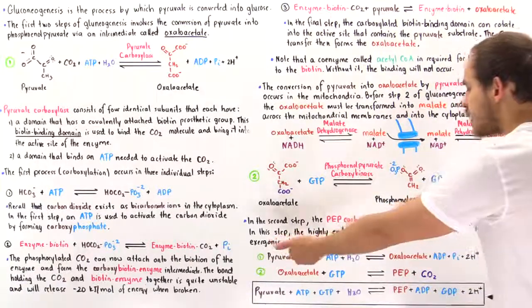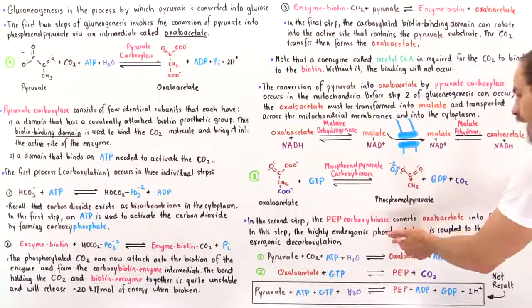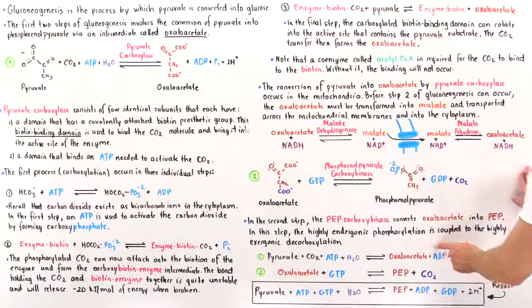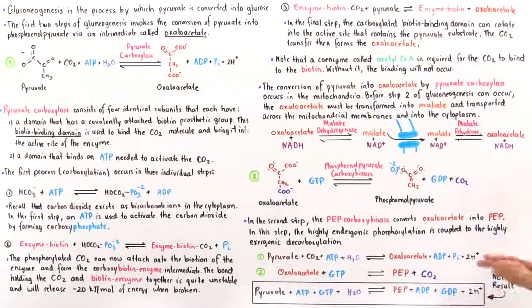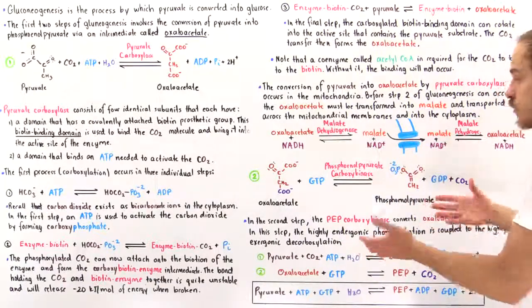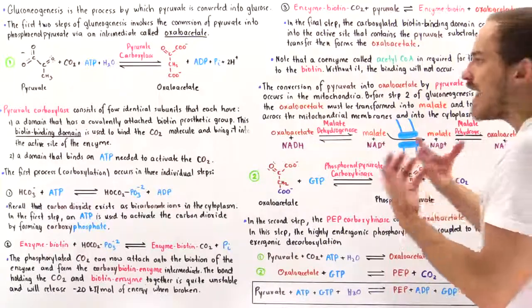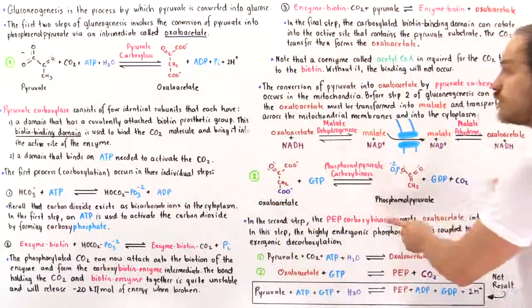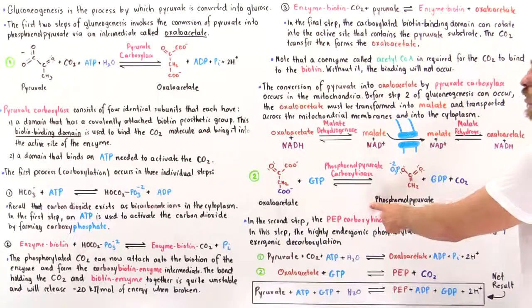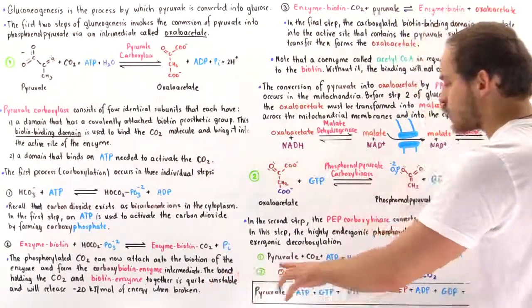So in this step, the highly endergonic phosphorylation of this molecule is coupled with the highly exergonic decarboxylation process. So in 2 steps, we are able to create a pathway that is favorable energetically. And so we form that phosphoenolpyruvate in this 2-step process.